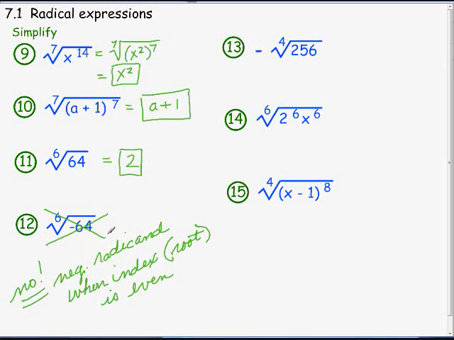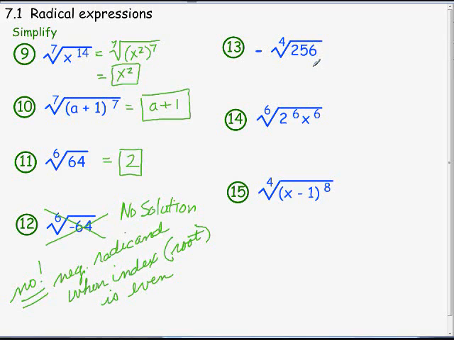Okay? So this one, for now, we would say no solution. Later on in this chapter, I think, I hope, is it in this chapter? We're going to find out how to deal with this. But right now we're going to say no solution. We do not allow a negative radicand when the index is even. That's not the case here. We've got a positive radicand.